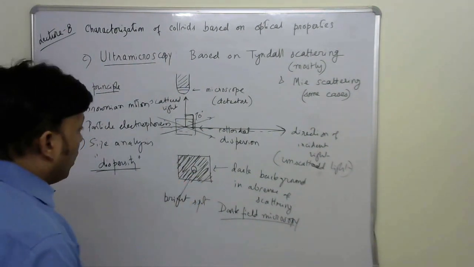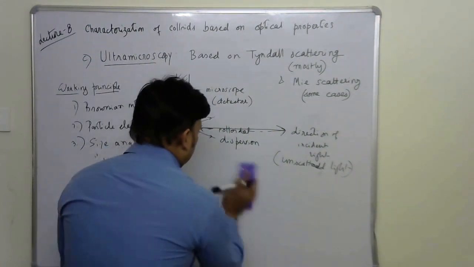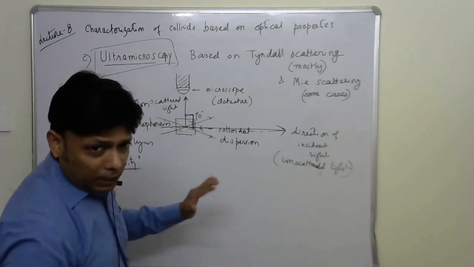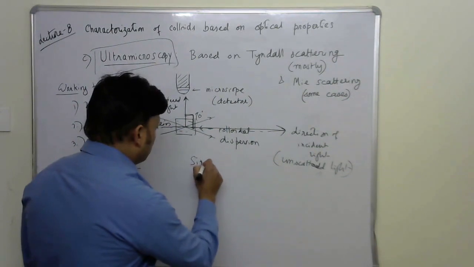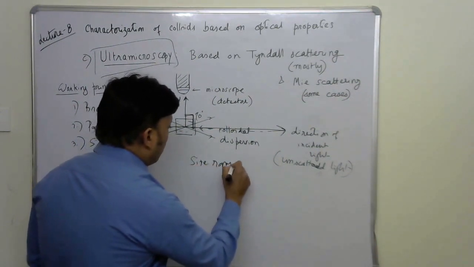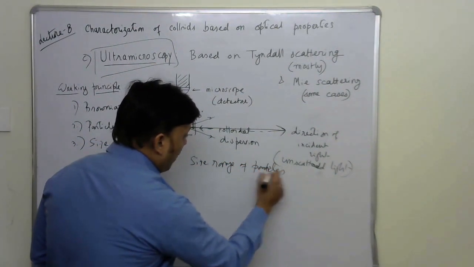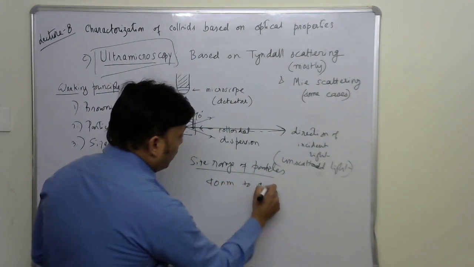But before we go, just a little bit of correction I would like to make: through the ultramicroscopy, what is the particle size range we can typically record? The size range of the particles that respond to this ultramicroscopy is between 40 nanometer to 900 nanometer.